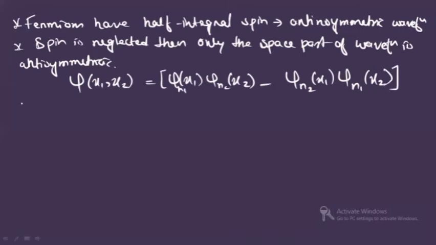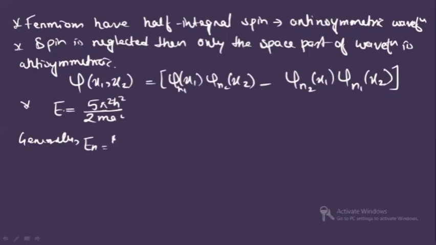Clear? Now in this entire case, the energy E is given to us as 5 pi square h cut square divided by 2 m a square. Generally for an infinite square well potential, E is equal to pi square h cut square divided by 2 m a square times n1 square plus n2 square.